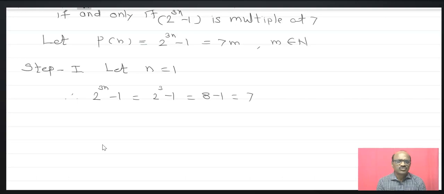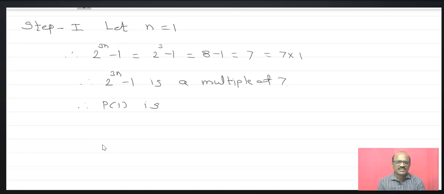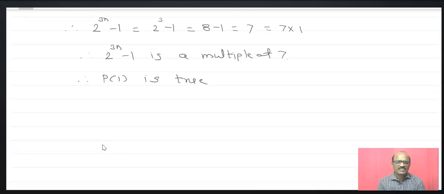The given result for n equals 1 is 2 raised to 3n minus 1. Replacing n with 1, we get 2 raised to 3 minus 1, that is 8 minus 1, which equals 7, that is 7 into 1. So 2 raised to 3n minus 1 is a multiple of 7, and hence P(1) is true.